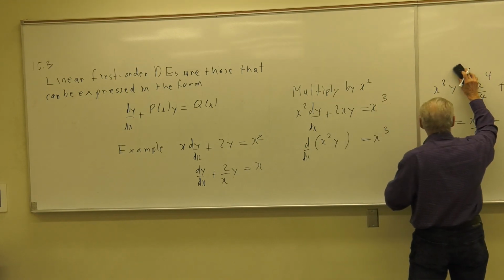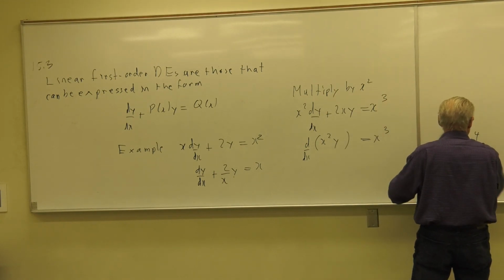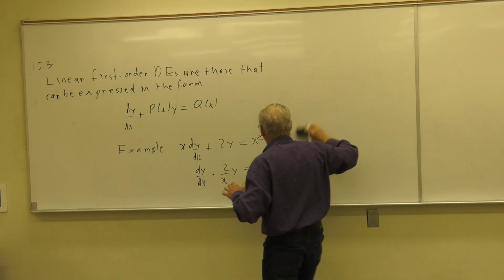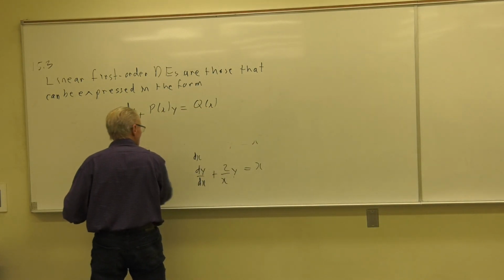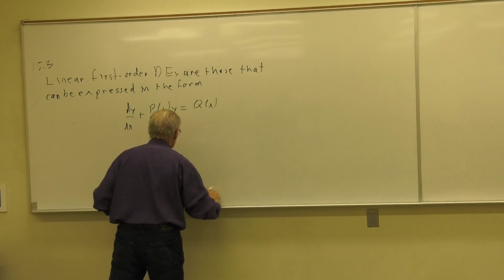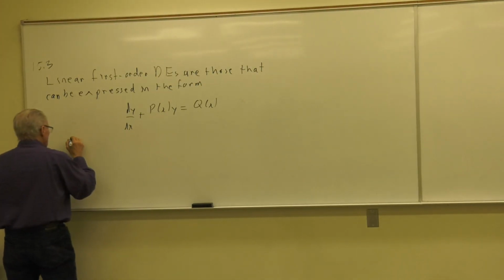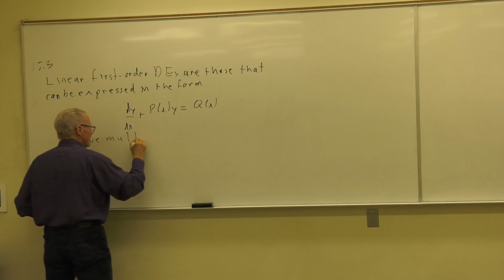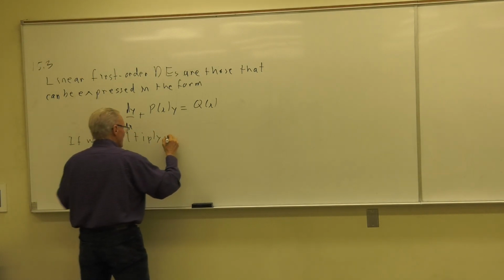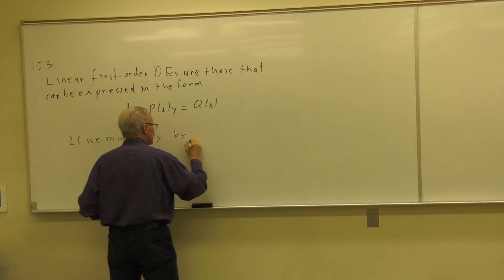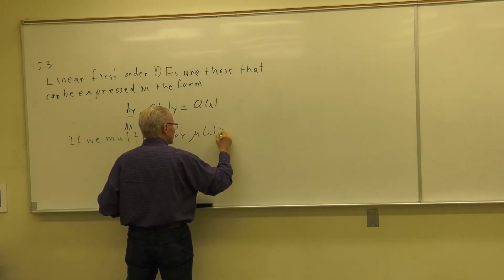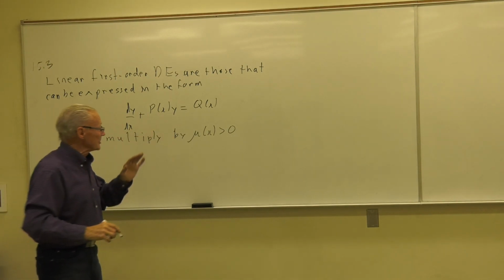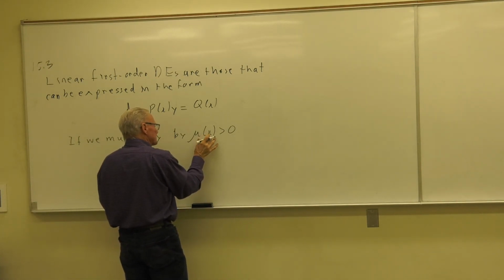That's the idea for finding solutions of all linear first orders. So let's say we multiply this by some function mu of x, and I don't want it to ever be 0 because I don't want to multiply by 0. So the objective is to find this function.